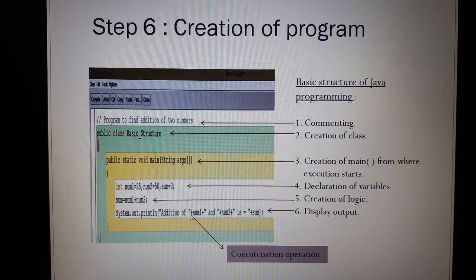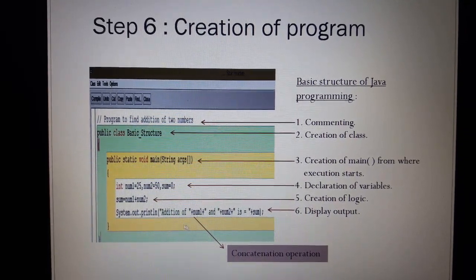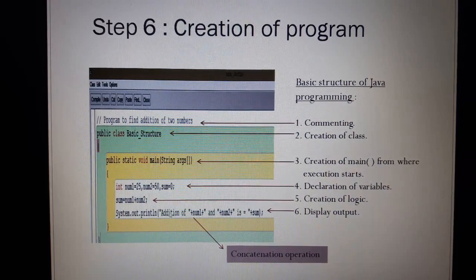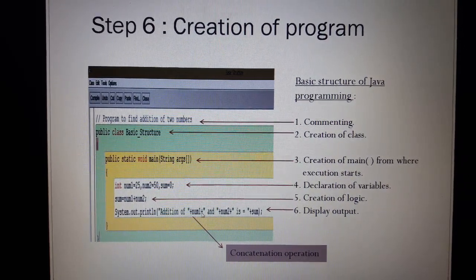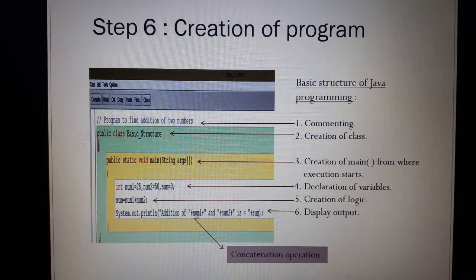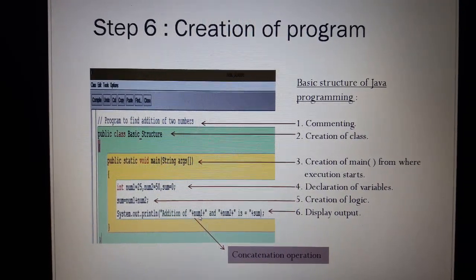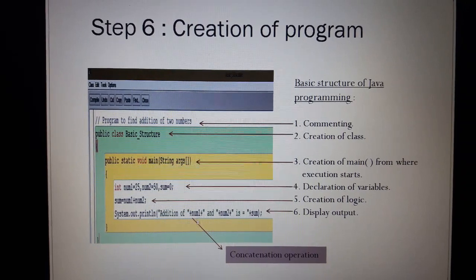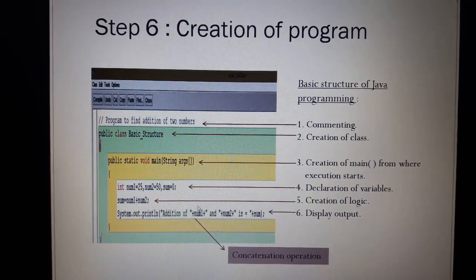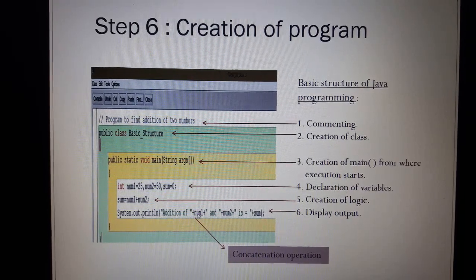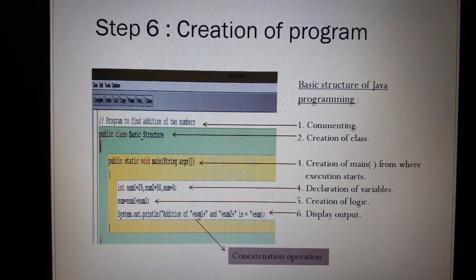Plus is a concatenation operator or joining operator, because what we write in double quotes is shown in the same way. And then I wrote num1. I don't want "num1", I want the value of num1, meaning I want 25 here, not num1. That's why we are not supposed to write num1 in double quotes.